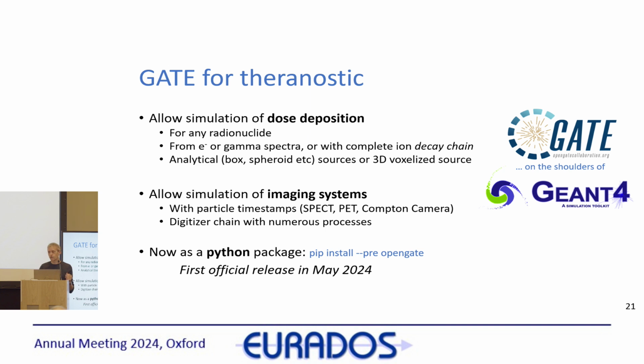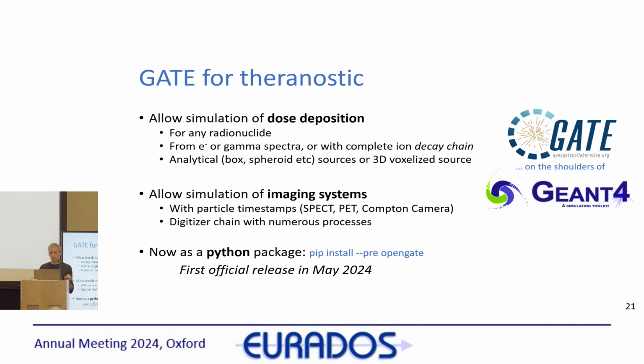And since a few years now, I think we started during the COVID period, we started a very new project with GATE. We call that GATE 10, and we refactor GATE such as the user only have to use Python in order to describe a simulation. So this is still a beta version. The official release will be proposed to the public in May, but you can still use it.